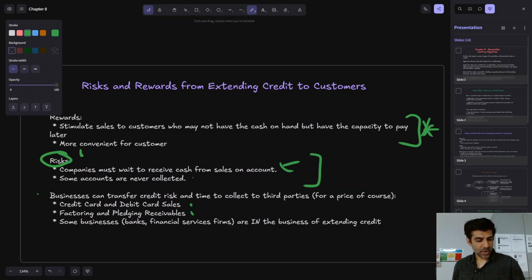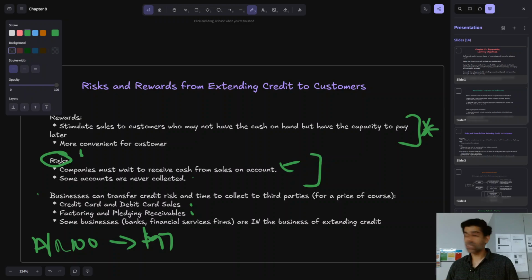So let's say if you had like $100 of accounts receivable, they may give you $97 up front so that you have that cash. And then they'll wait to collect that remaining $3 and also just take the risk that they're not going to collect. Okay, so that $3 is their compensation for providing that financing.